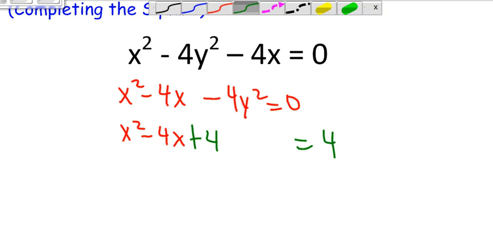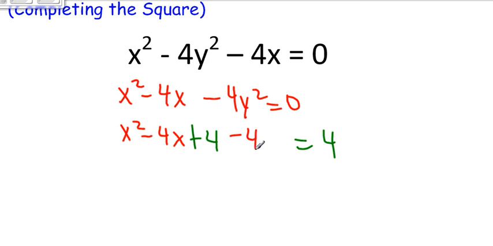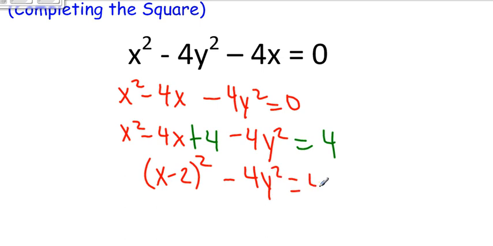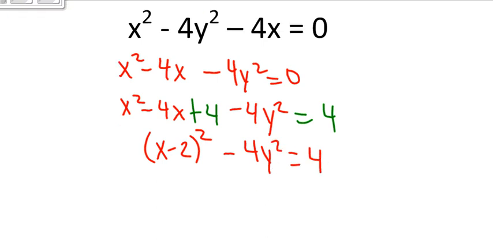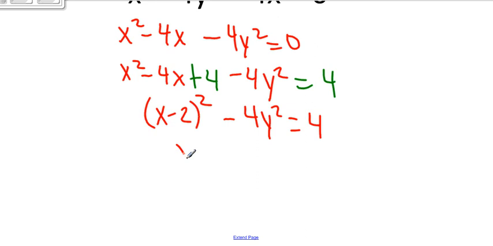So I add that 4 to the other side, and 0 plus 4 is just 4. Still minus the 4y squared, because we can't really factor anything out there. So we complete the square, and we're going to get x minus 2 squared minus 4y squared equals 4. Then we're going to divide everything by 4. So we're going to get x minus 2 squared over 4 minus y squared over 1 equals 1.